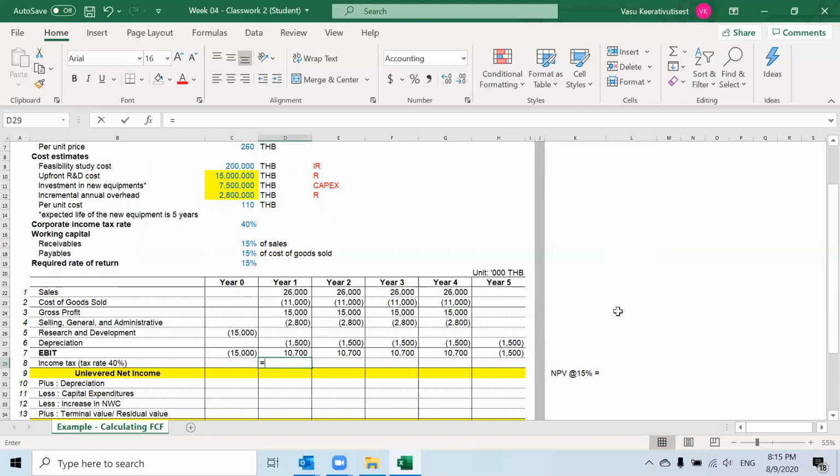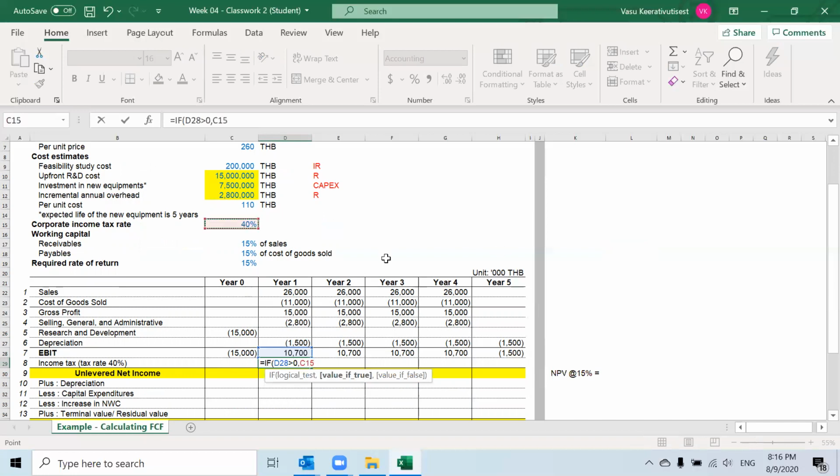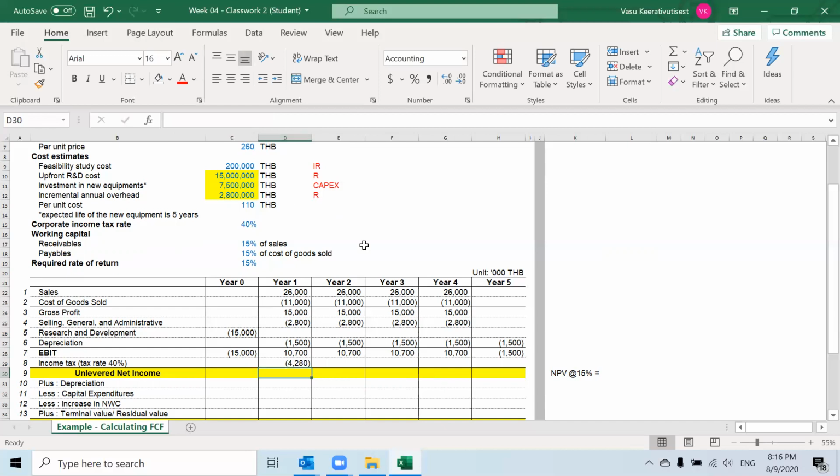So it is equal to IF, logical test: if your EBIT is more than 0, then the value is the tax rate multiplied by your EBIT, and it should be a minus sign. Otherwise 0. You can see that right now the tax rate in this case is 40%.